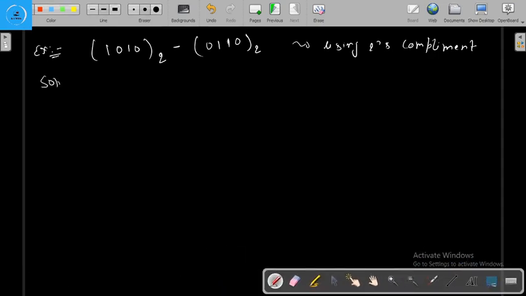So what we are going to do, we are going to find the 2's complement. First, see here, this is m and this is n. First we are going to find the 2's complement of n. By using the shortcut, we write the bits as they are until the first 1 comes, that is 1 and 0, and after getting 1 we just complement the rest.